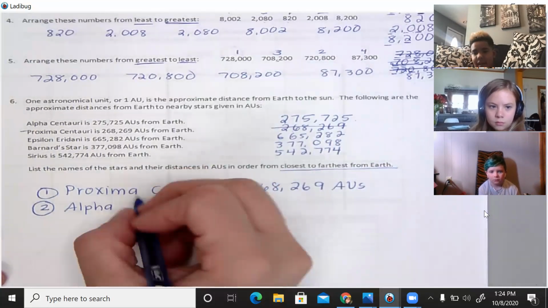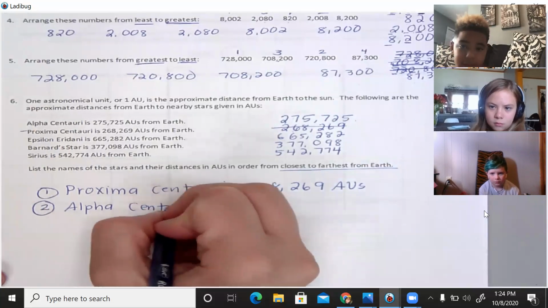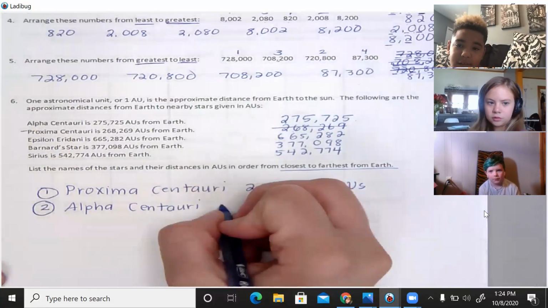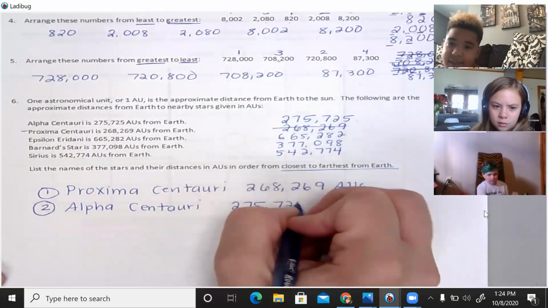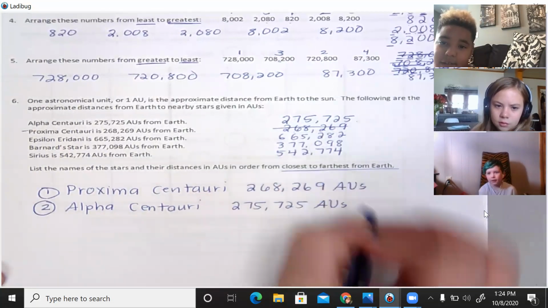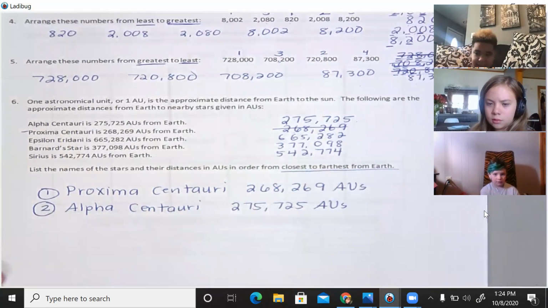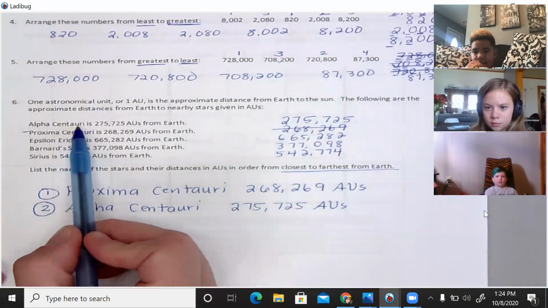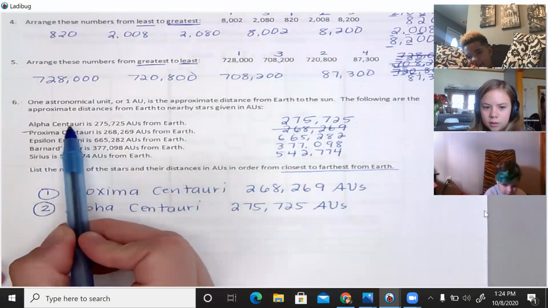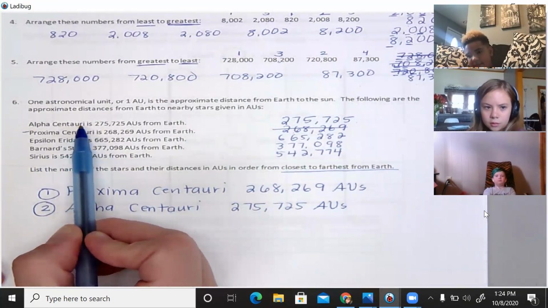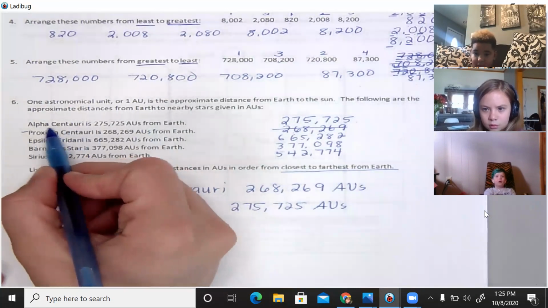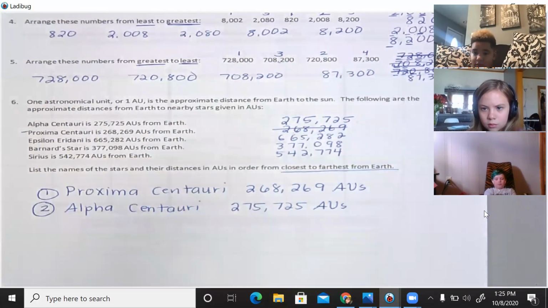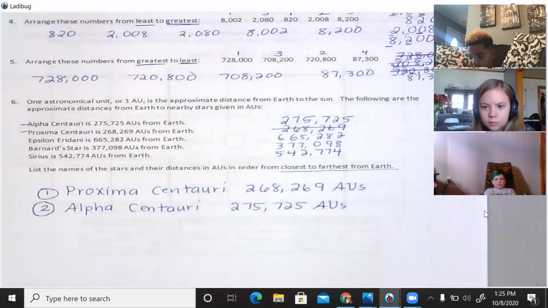Alpha. Just give it your best shot. Center. Tauri, maybe? Almost like Taurus, like the zodiac sign. I think maybe Alpha Centauri. I don't know if we're right or wrong, but it's worth giving a shot.